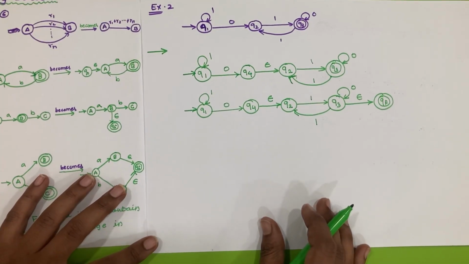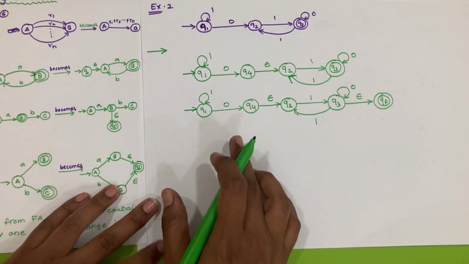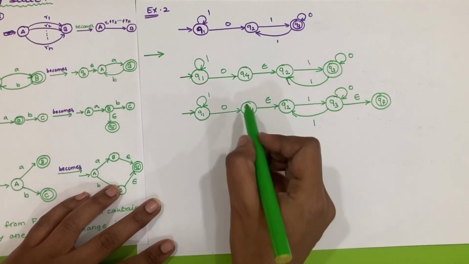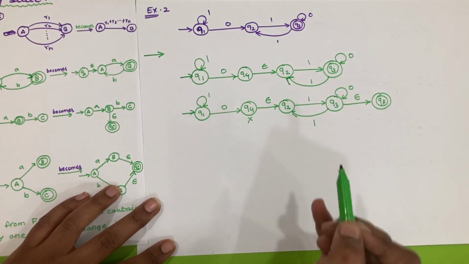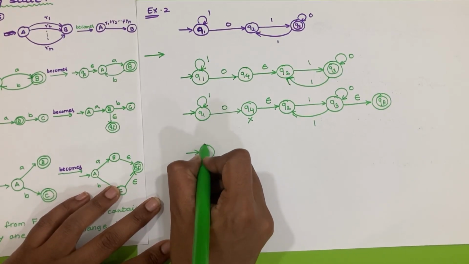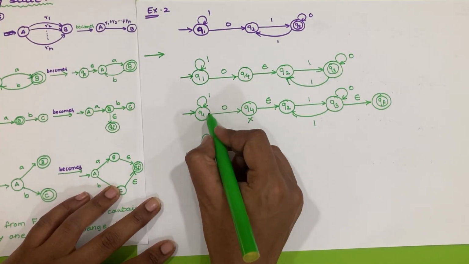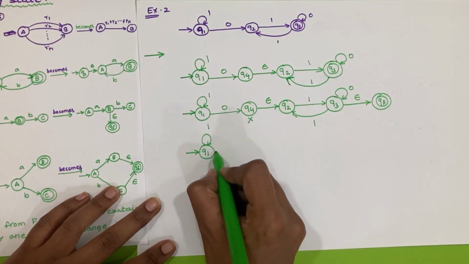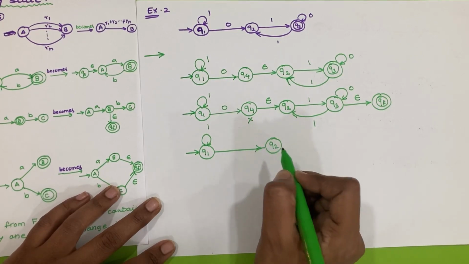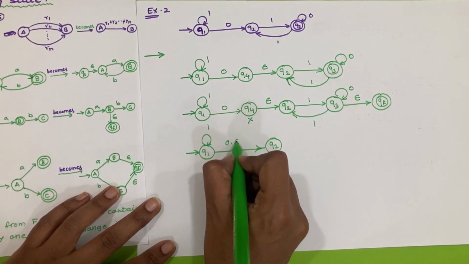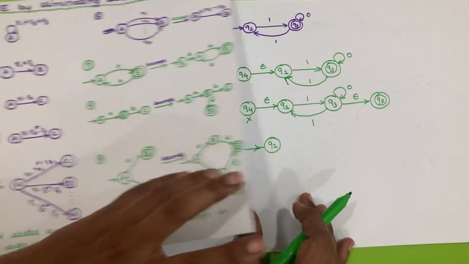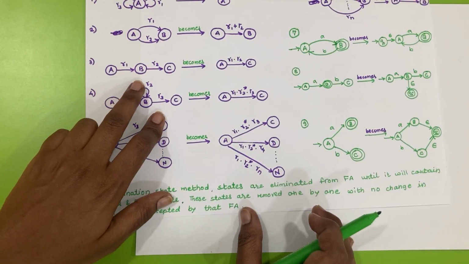Now we will start to remove the states one by one. If we remove this state Q4, then the resultant finite automata will be Q1 1. So from Q1 to Q2 we'll move by zero dot empty according to the concatenation rule, that is third rule.